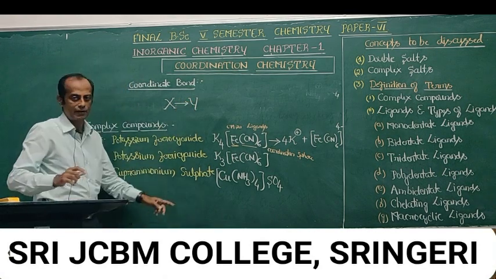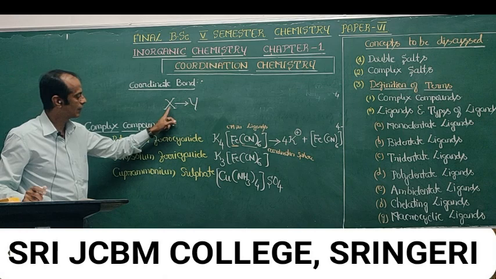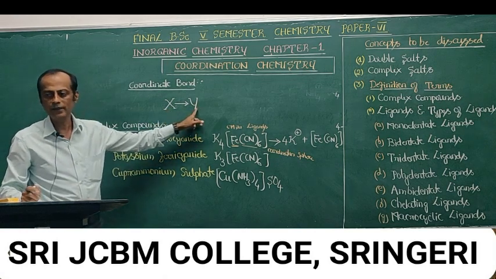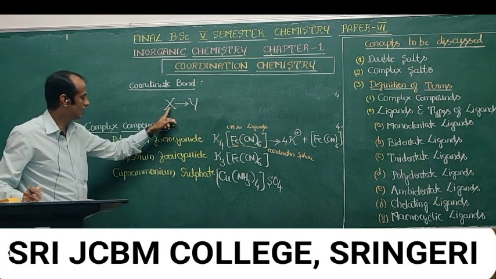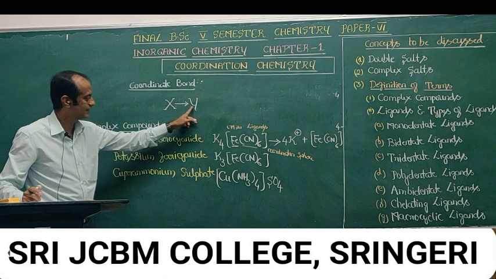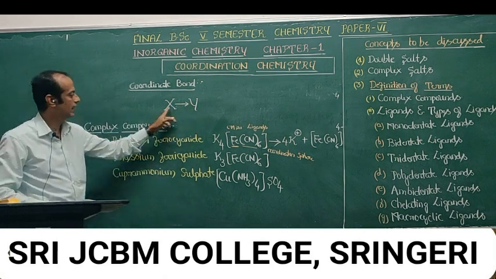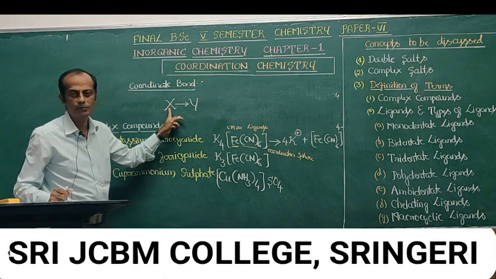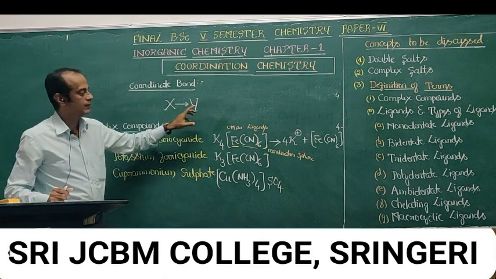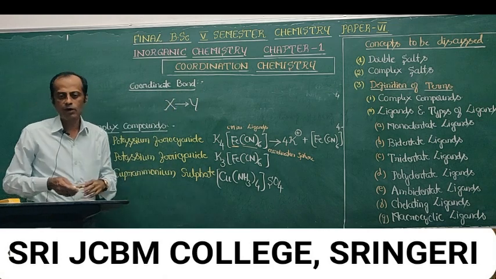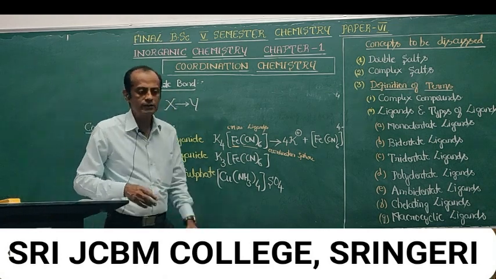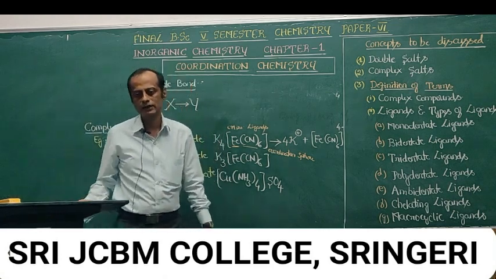The direction of the arrow mark is always from the electron pair donor to the electron pair acceptor. So here a coordinate bond is formed between X and Y, and the direction is from X to Y, because the pair of electrons is donated by the X atom.